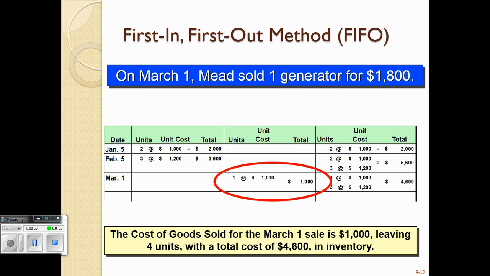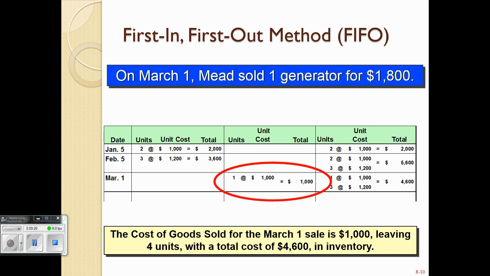The next unit I sell is going to be that next unit that's left from that January 5th purchase at $1,000. And then I'll have 3 units left at $1,200 each. And then if I would sell 1 more, now they're going to start coming out of that February 5th purchase. Okay, so what's going to happen is the first ones in are the first ones out, and I just kind of keep using the values as I sell the units.